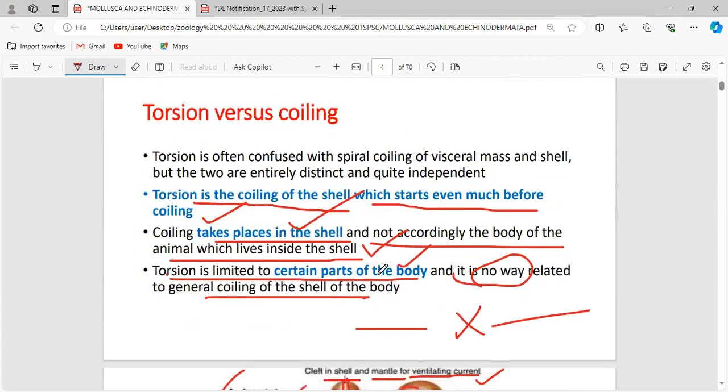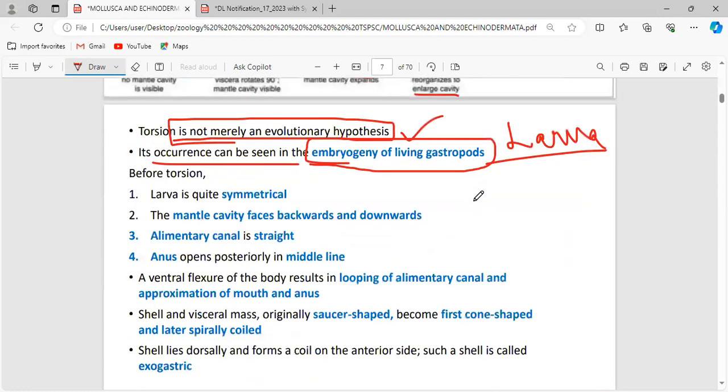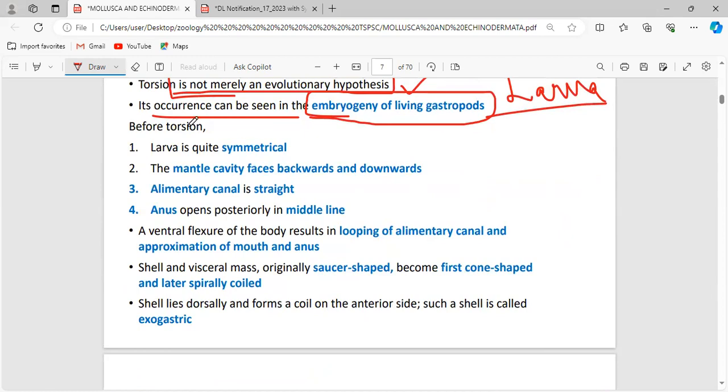Okay, these things are important. And coiling and torsion take place in what? Coiling takes place in the shell, and torsion takes place in the organs present inside the shell. Now, the next important thing: what are the positions of those organs before torsion and after torsion?